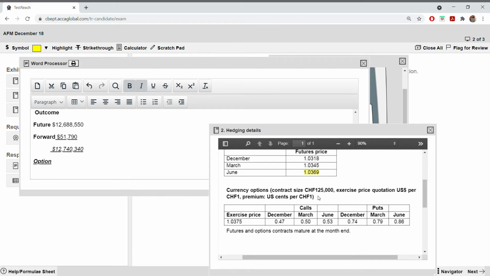But here, if you see, this is a receipt and it's a put option, the other way around. Why? Because of this currency. Look at the contract size. Which currency is the contract size in? It will tell you.